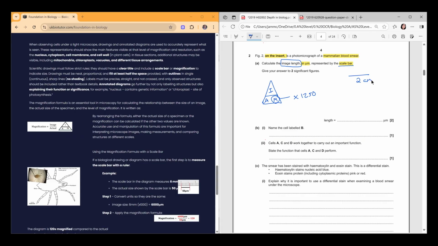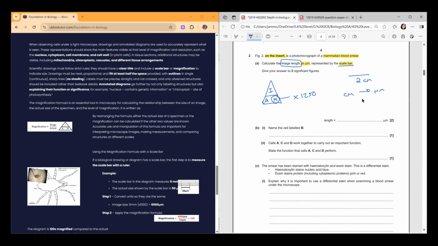The first thing I want to do is turn that into micrometers, because that is what has been asked in the question. The question has said specifically that I want it to be in micrometers. So I want to ensure that I convert from centimeters to micrometers.